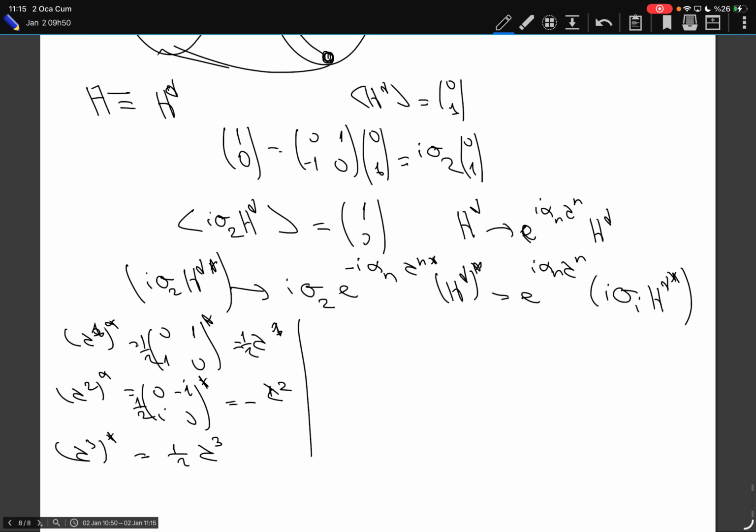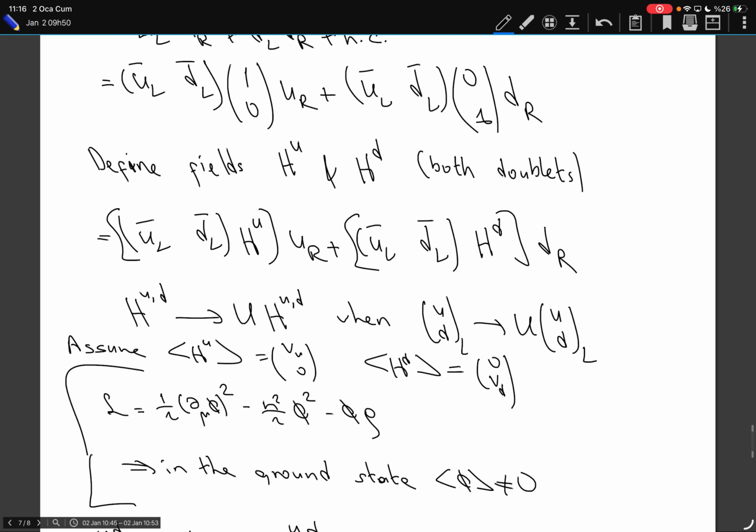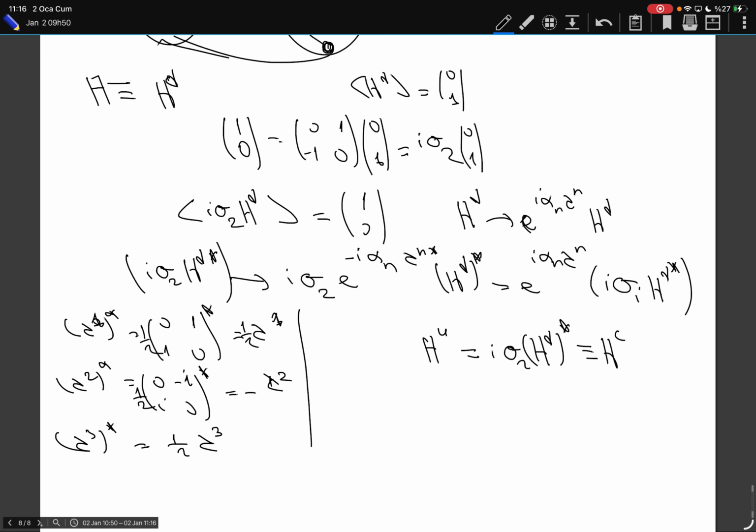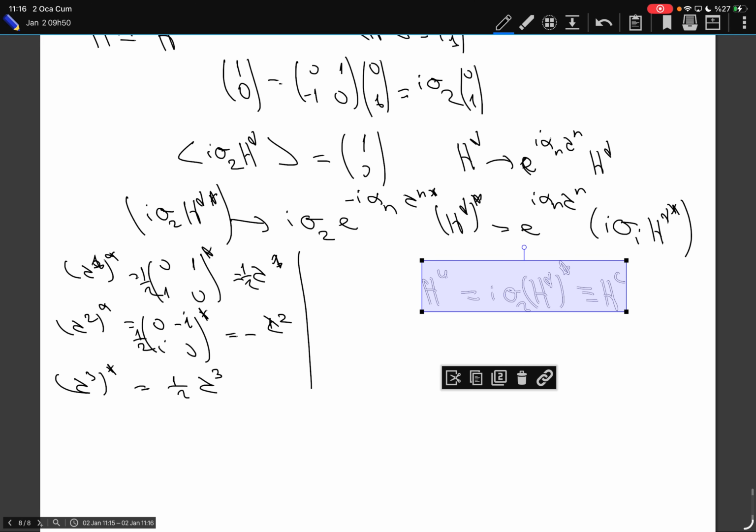And hence I can actually choose HU as iσ2 HD star, which is also sometimes denoted by HC, the charge conjugated doublet. So I don't even need two new Higgs fields as HU and HD. I can choose one of them as my new field. It will contain new particles. The other one will be just a charge conjugated field, defined in this way. This is the definition.